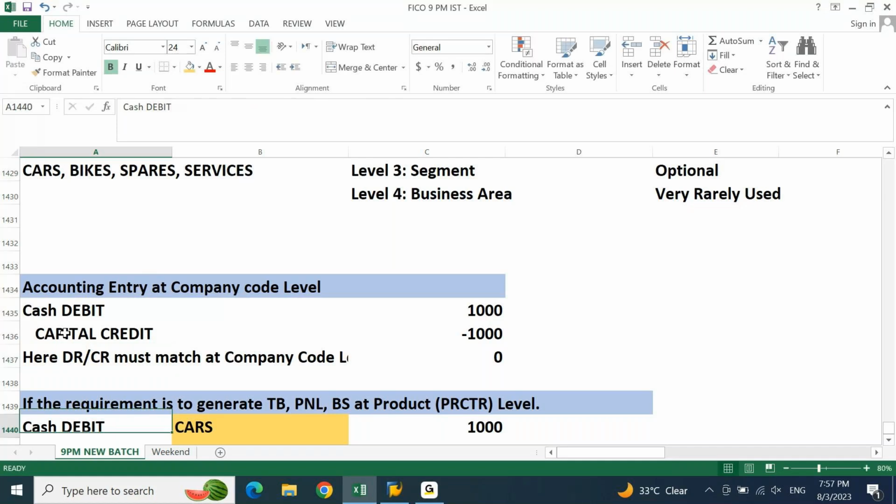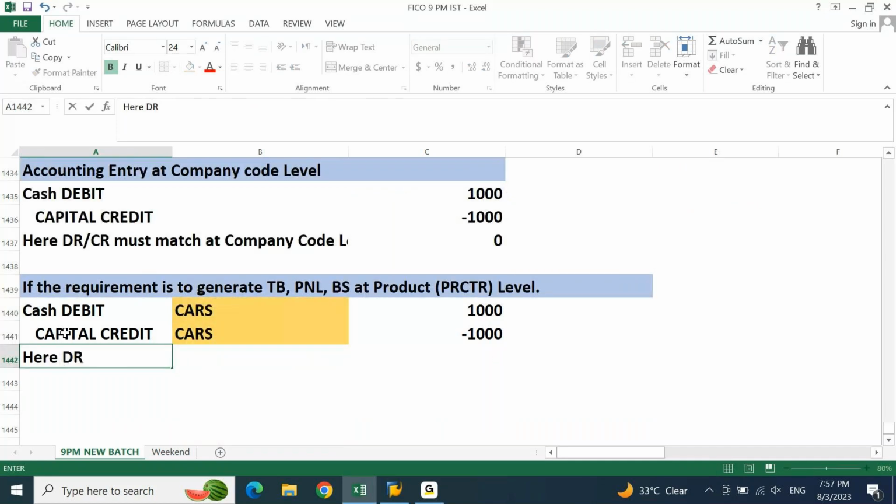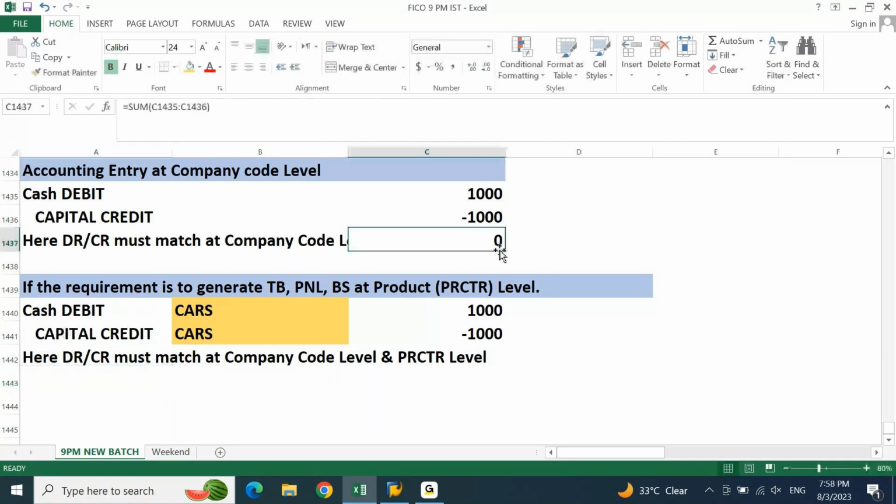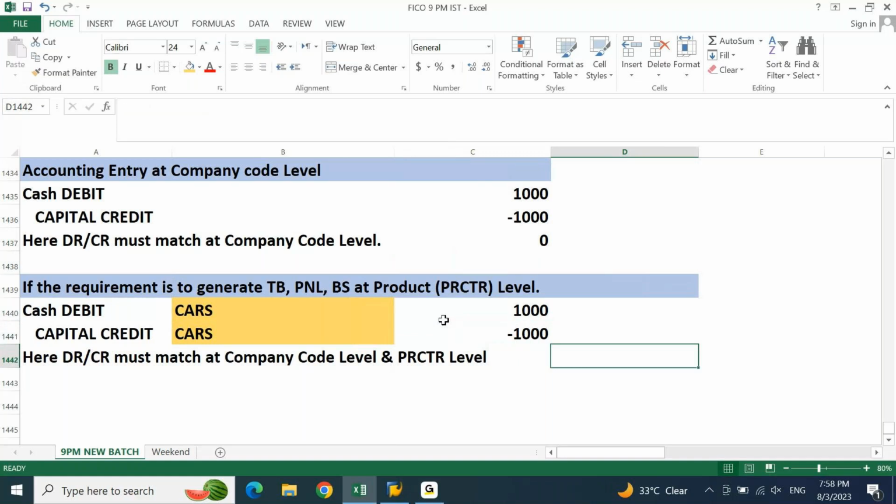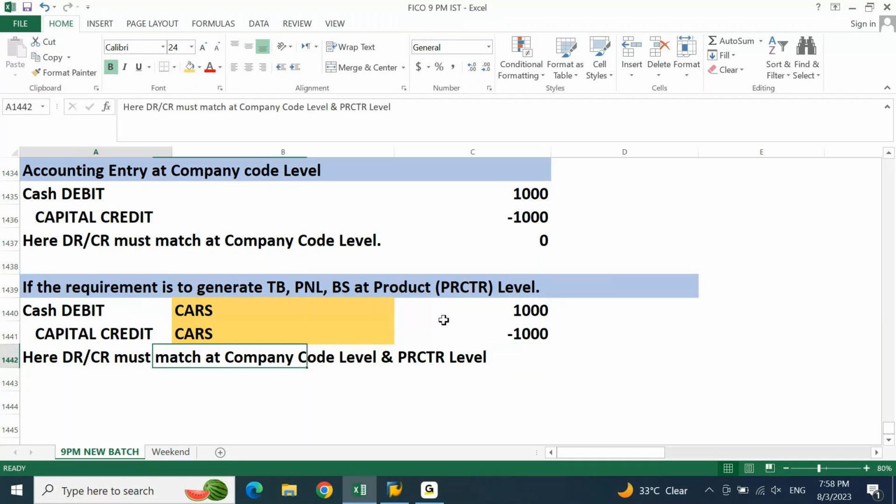Okay, now here debit credit must match at company code level and profit center level. In the second statement, we are representing two level matching. Level 1 is at company code, level 2 at profit center.